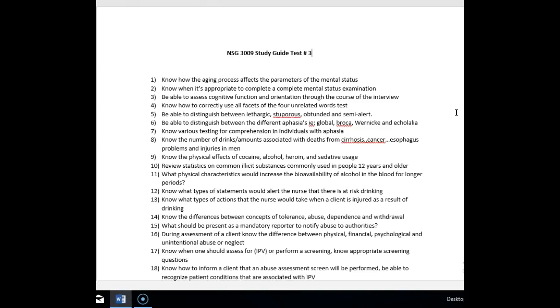Well, let's start with tolerance. Tolerance is when a person has a substance and they need an increased amount of that substance in order to get the same effect. A lot of times people say the more that somebody drinks, the less effect it has on them. So they're building up tolerance. They need more to get the same effect they did when they first drank.